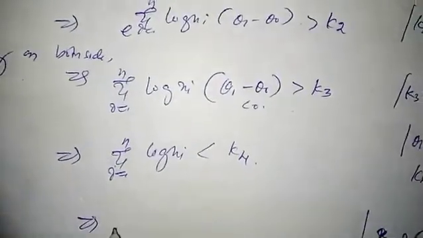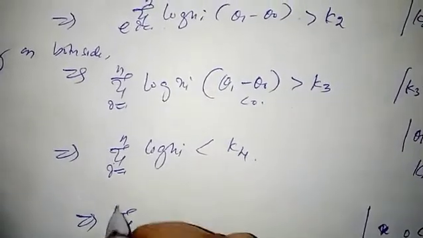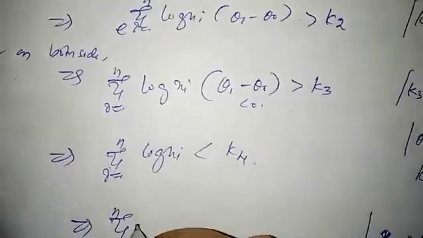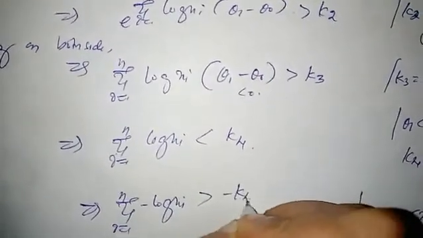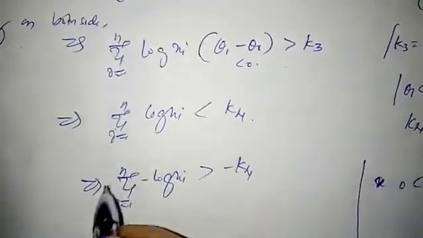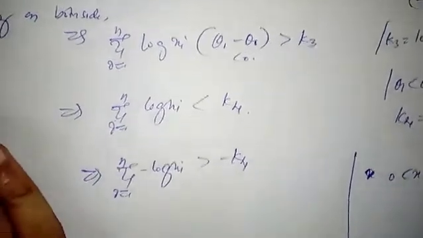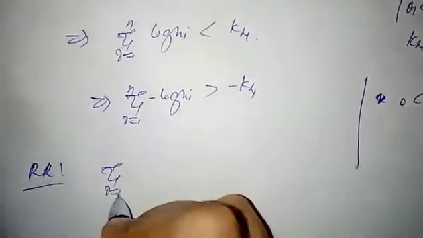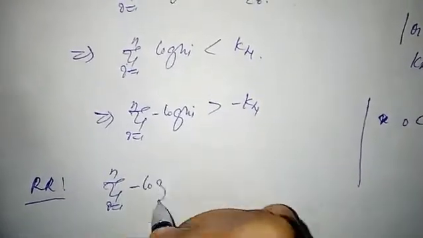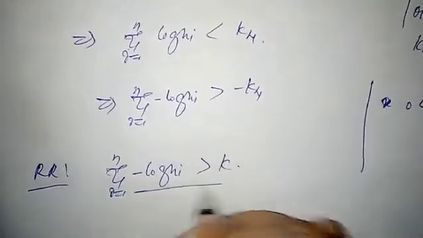For that we have to multiply by minus 1, that is summation i equal to 1 to n of minus log xi is greater than minus k4. Then this term becomes positive. Then the rejection region is summation i equal to 1 to n of minus log xi greater than k.